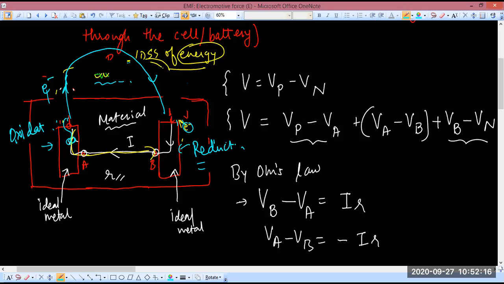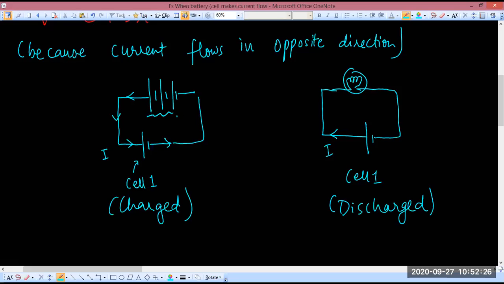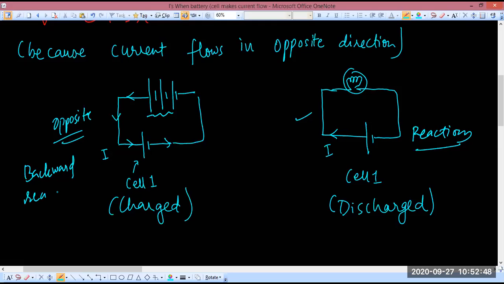So during such a process where you connect a larger battery or larger voltage and make the current flow through it opposite to the normal way, what happens is that the reactions that were happening here now happen in reverse. Reverse reaction, or backward reaction in chemistry language. I hope that makes sense. So there will be a backward reaction.